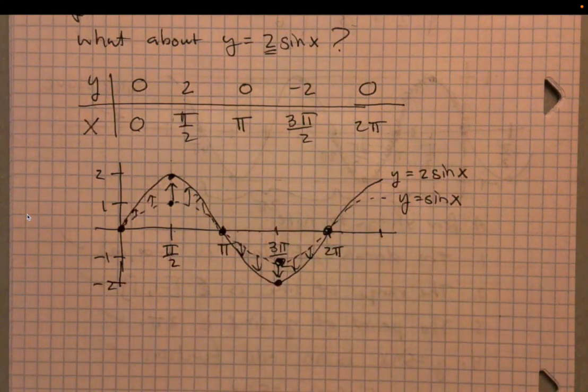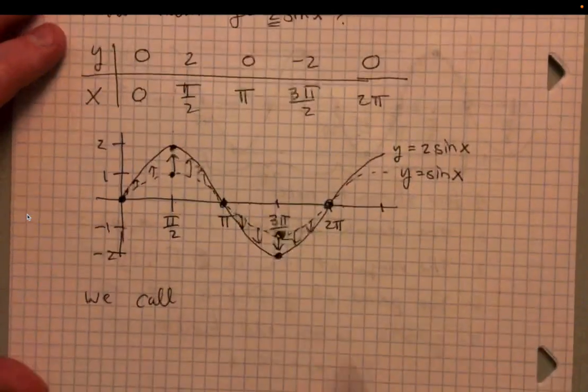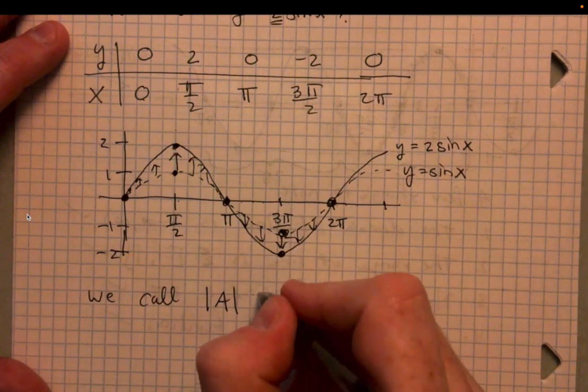Okay, so this is what we mean by the amplitude. The graph of y equals 2 sine x is amplified by the factor of 2. So basically the values are all doubled, aren't they? Now, we call the absolute value of a the amplitude of the function.